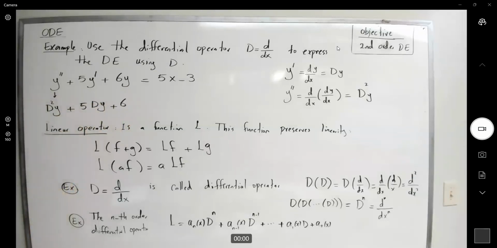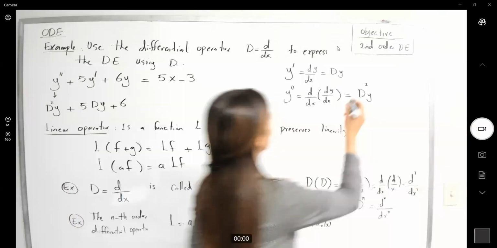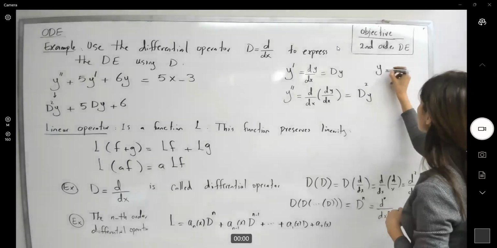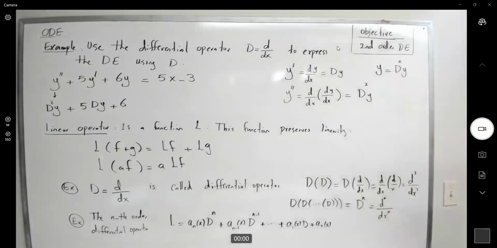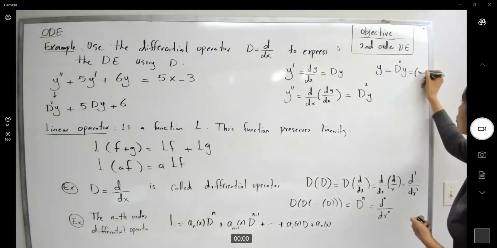What is y? Well, when you're dealing with your y, it means that here you only have D to 0. y is D to 0 of y. The zeroth derivative of the function is equal to the function itself.